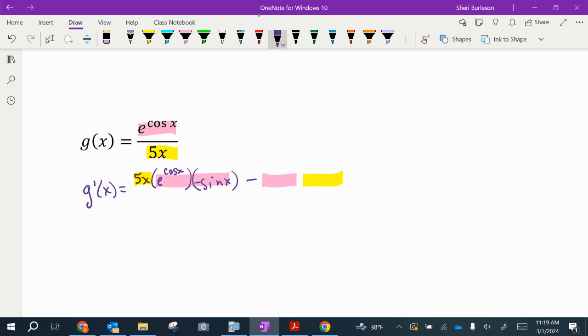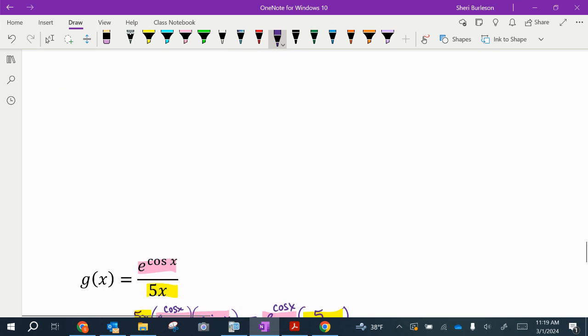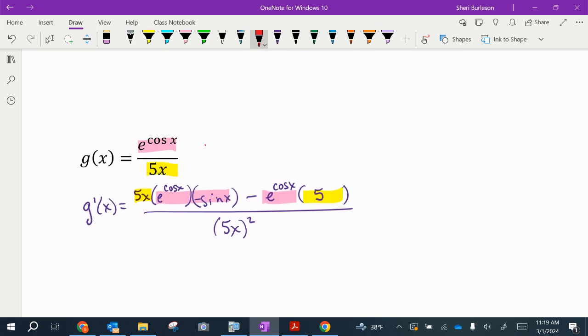So high is e to the cosine of x times the derivative of the denominator, which is 5, all over low, low. And you can leave that one there. So we have an example of product rule, and we have an example of quotient rule.